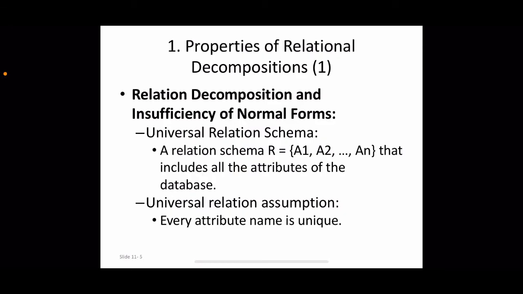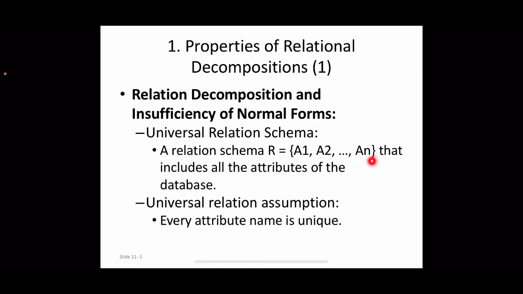Now coming to the properties of relational decompositions. First is relational decomposition and insufficiency of normal forms. So what are the insufficiencies in a normal form? As we know, we have a universal relation schema initially, a single relation R with all the attributes in the database together, A1 to An.